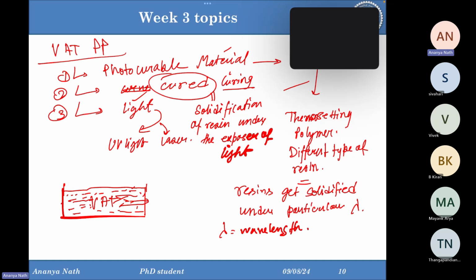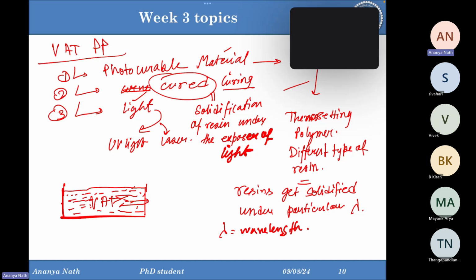Then the photoinitiator will just tag all the monomers and they will get connected to each other. They will make a long chain, and that is what a polymer means. So this is how they get solidified. They come to each other very closely and get connected or linked together.